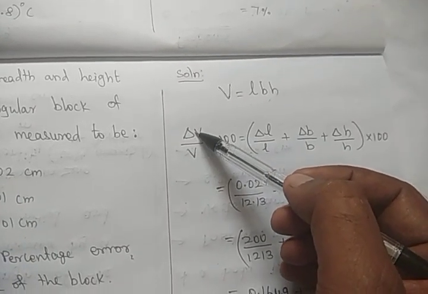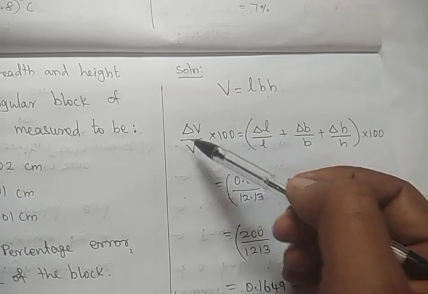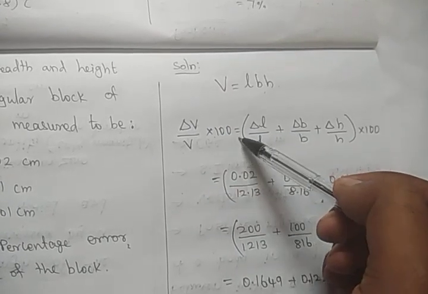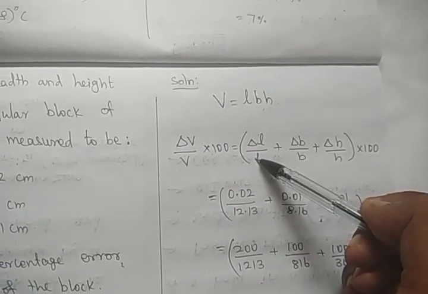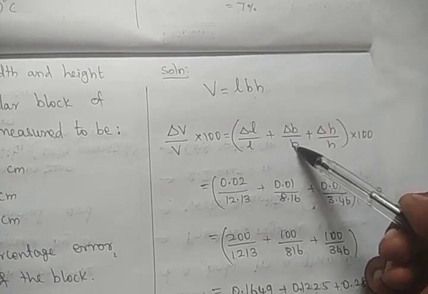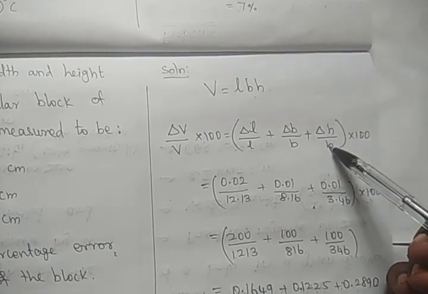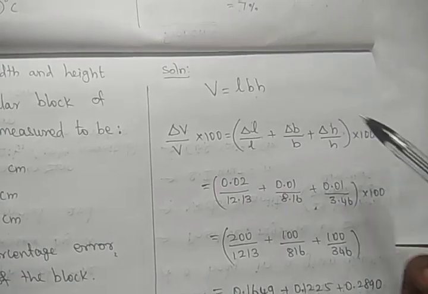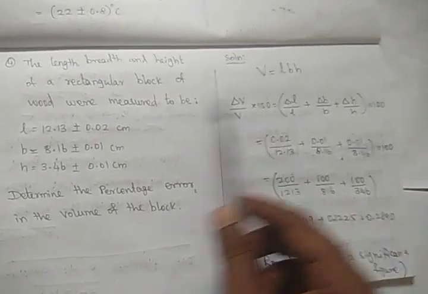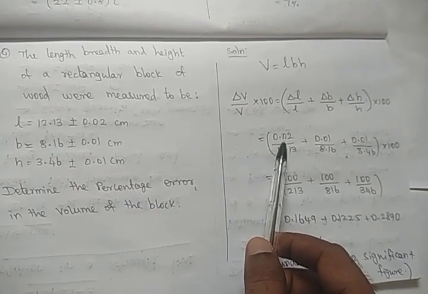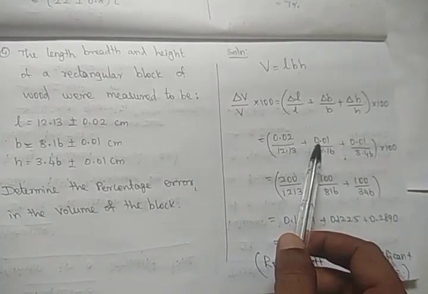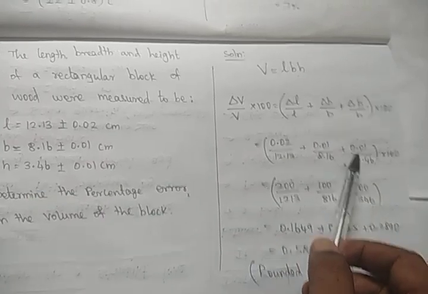The percentage error is delta V by V, volume error by the volume, into 100, which is equal to delta L by L into 100 plus delta B by B into 100 plus delta H by H into 100. I will take the 100 commonly outside. What is the delta L value? The delta L value is 0.02, the delta B value is 0.01 and the delta H value is 0.01.